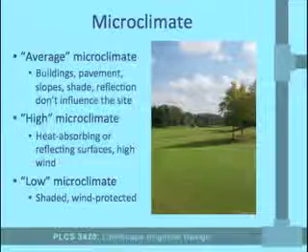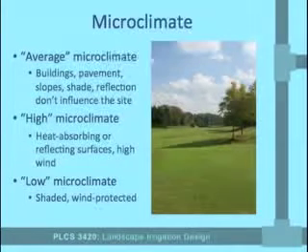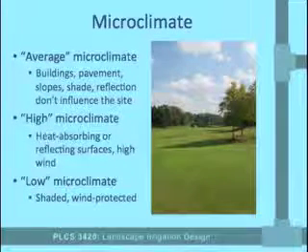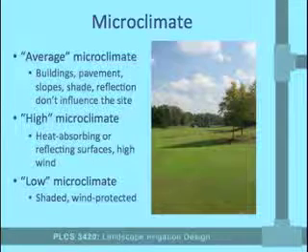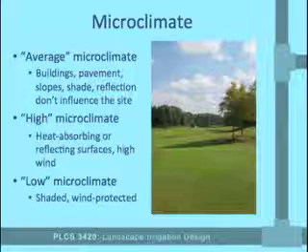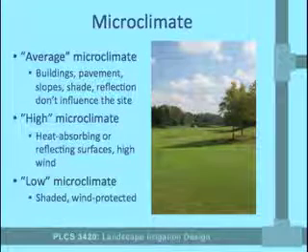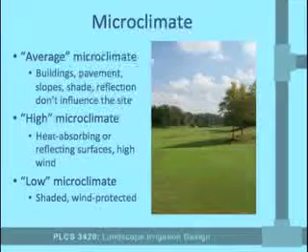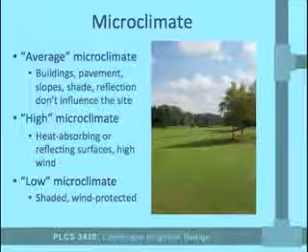Now, on the other hand, you might have what's called a high microclimate, where there are lots of heat absorbing or reflecting surfaces, maybe high wind, that are affecting water use and your irrigation system. You might also have a low microclimate where the area is very shaded and wind protected, so you might also have to consider that in terms of your design and irrigation scheduling.